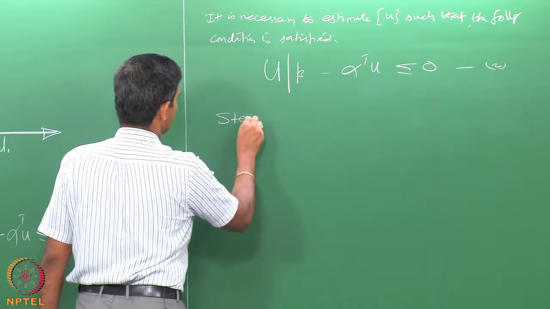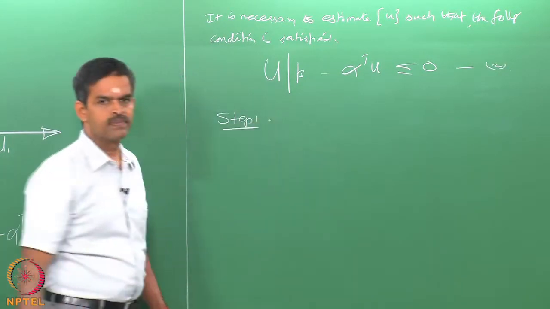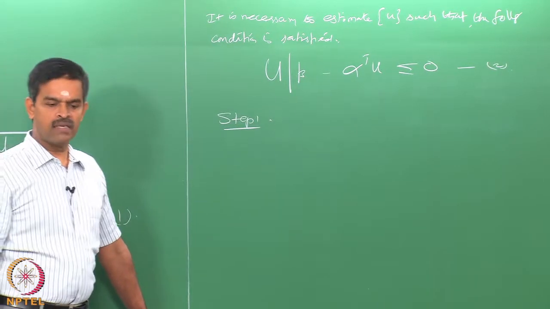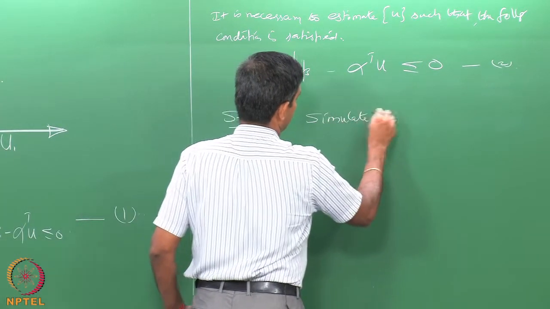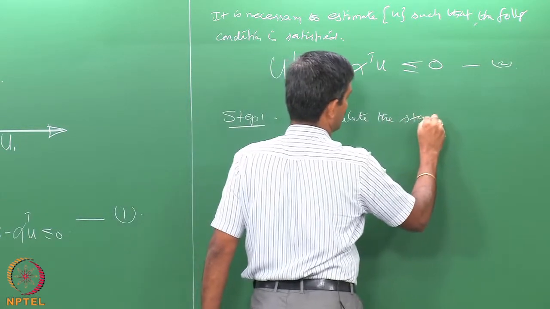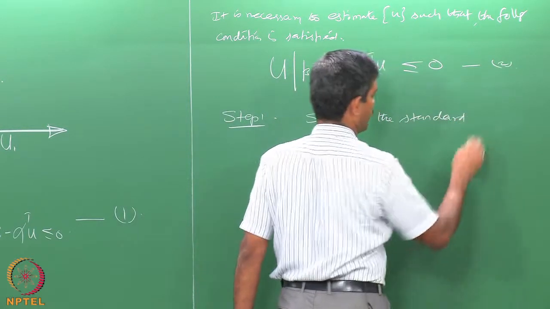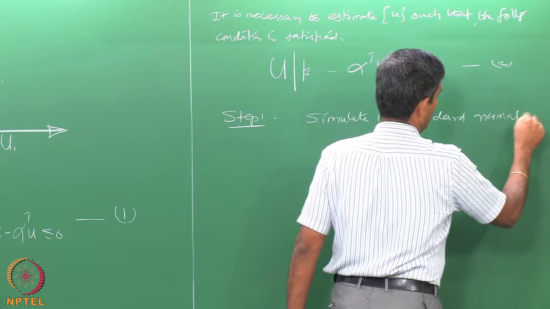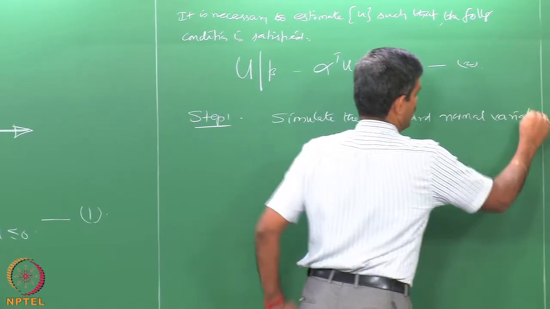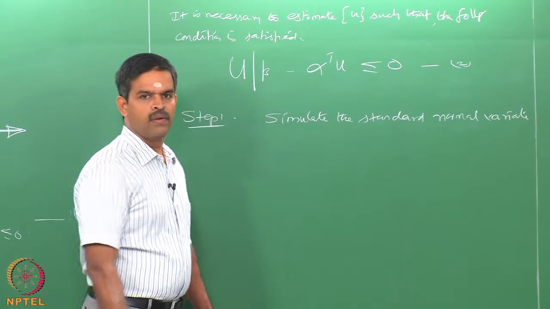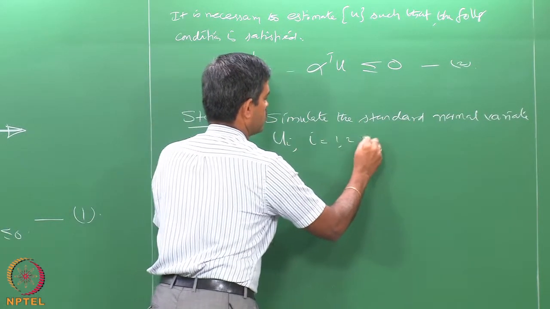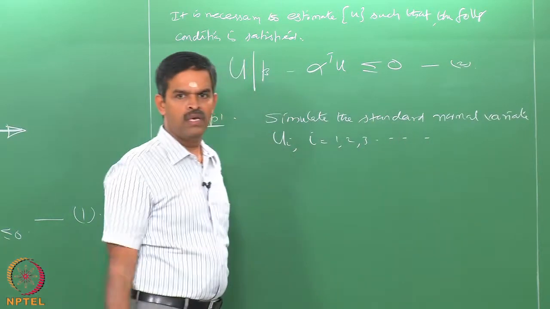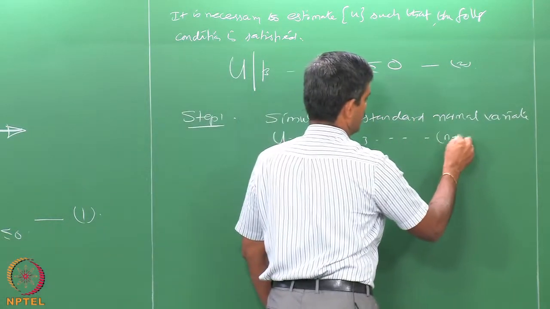Step number 1, simulate the standard normal variates ui where i is 1, 2, 3 till n minus 1.